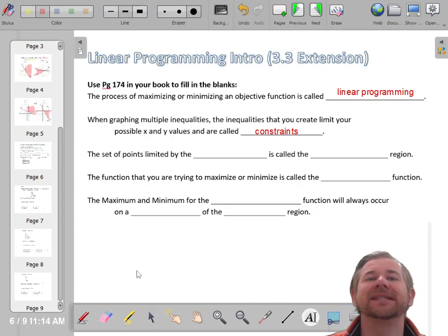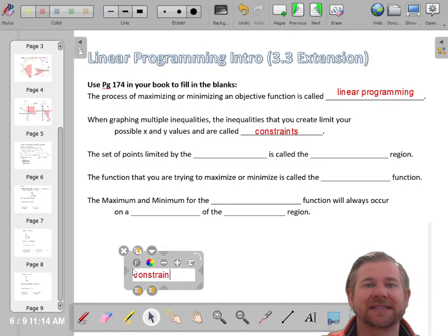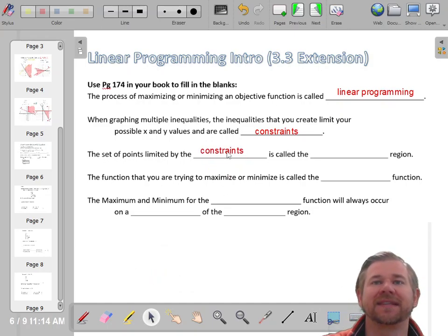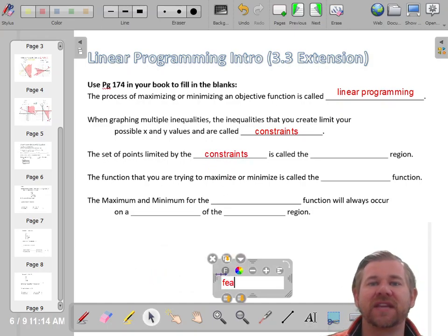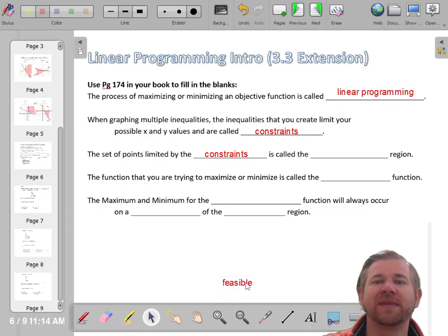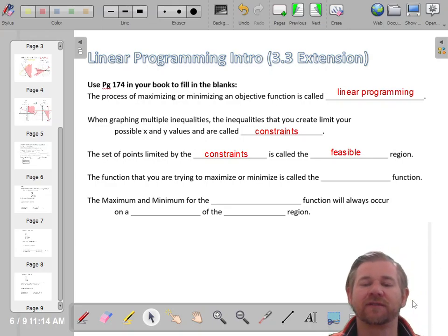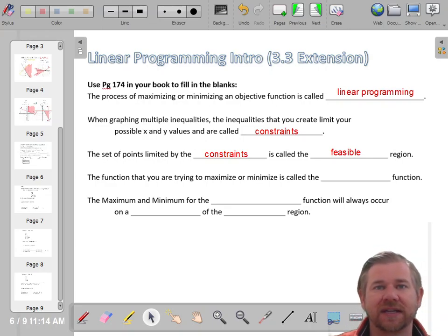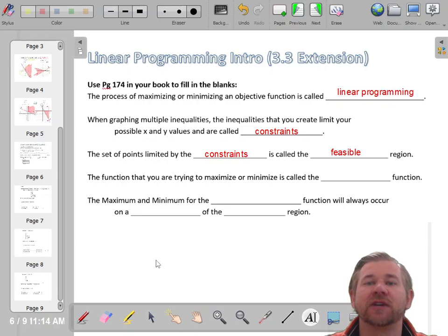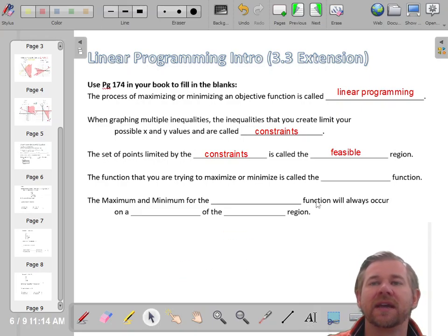The set of points limited by the constraints is called the feasible region. Feasible means it's possible. It can happen. The feasible region is all of your ordered pairs that will satisfy all the constraints. And the function that you're trying to maximize or minimize is called the objective function. Usually, if you're trying to maximize or minimize something, it's profit.